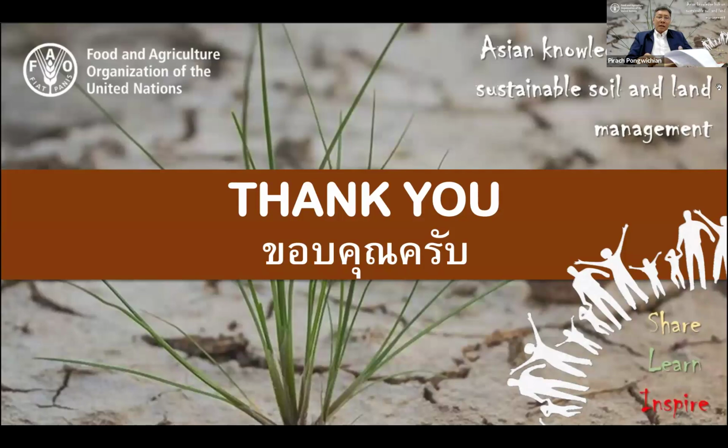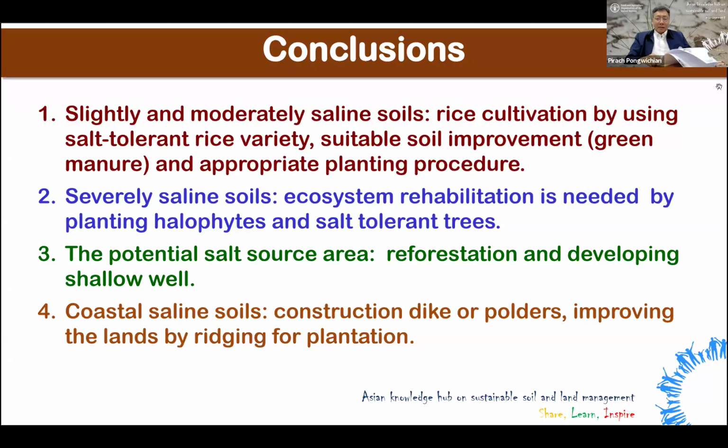And for all these recommendations, the Land Development Department transfers technology to the farmer and scales up in the pilot area in many provinces in the northeastern part of Thailand. And this project is successful and the farmer is satisfied with this project.